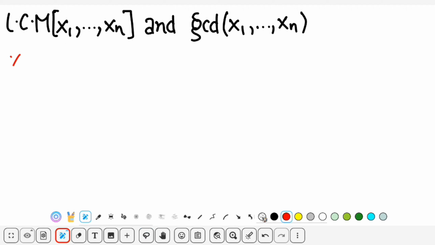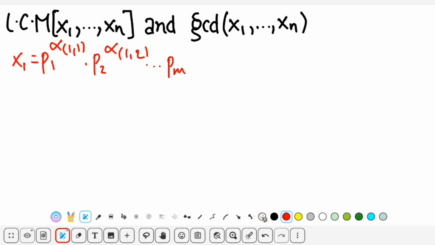So x1 equals p1 raised to the power alpha 1 comma 1. Now we can write all the m times n powers. Let me show you. p2 raised to the power alpha 1 comma 2, through pm raised to the power alpha 1 comma m.